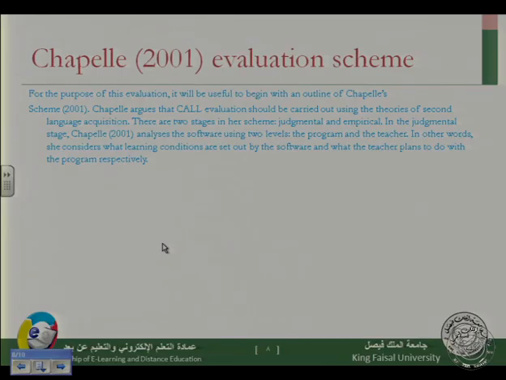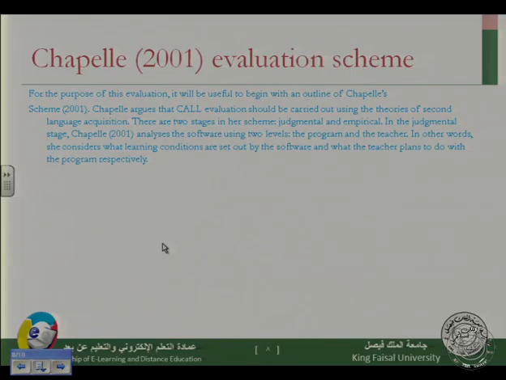There are two stages in her scheme, judgmental and empirical. Judgmental means that you take the software and evaluate it by your own judgment. From your experience as teachers, from asking other experts, you judge the evaluation before you use it.